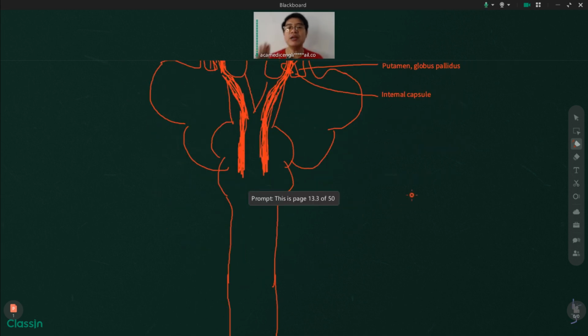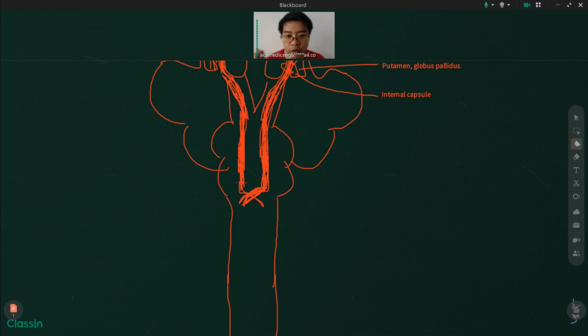Then at the medulla, at the inferior most point of the medulla, something very interesting happens. 90% of these UMN fibers are going to cross over to the opposite side.